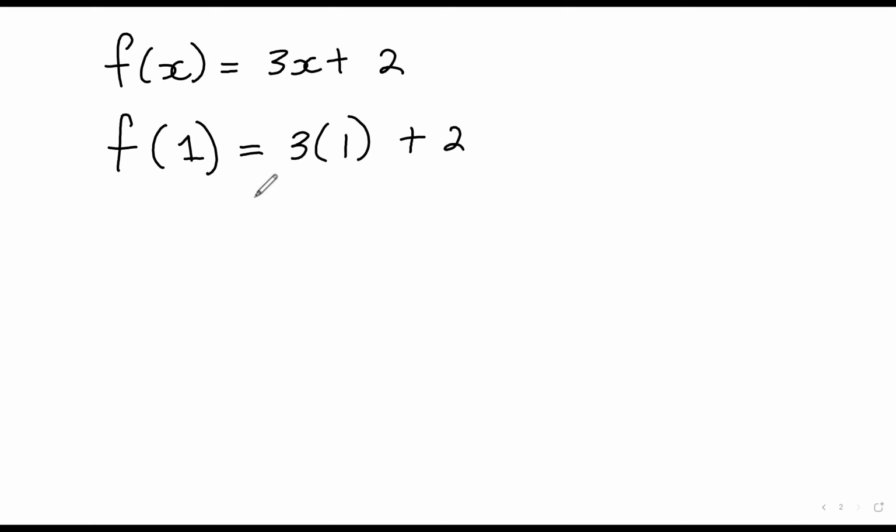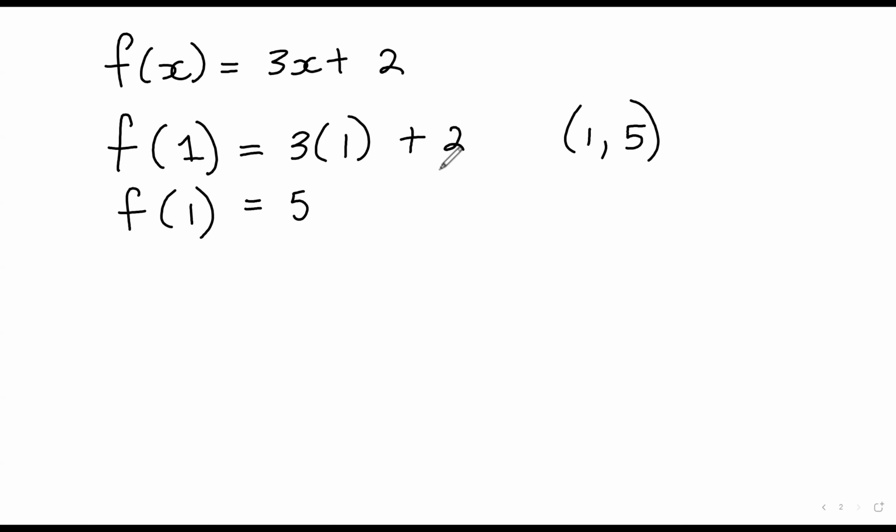Perfect, which gives me three plus two, which is 5. So the value of the function when x is 1 is 5. In other words, if I had to plot this on a graph, your x coordinate will be 1 and your y coordinate will be 5, right? That's what it means.